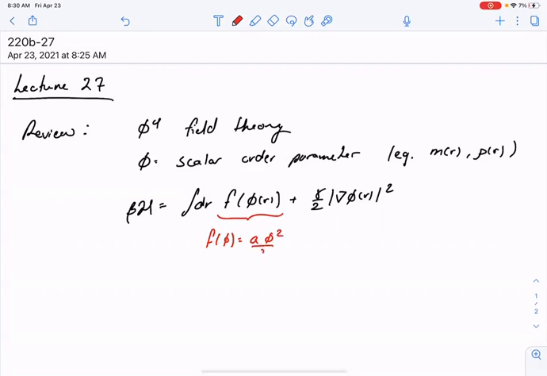This is an even order polynomial. This squared gradient term penalizes inhomogeneous fields, so fields with structure to them that aren't just constants through space.